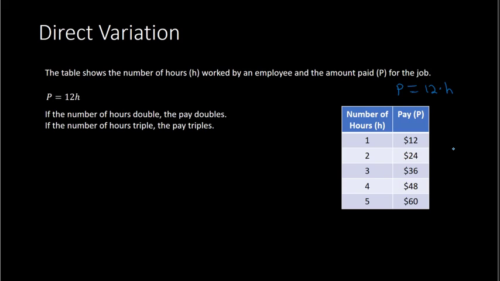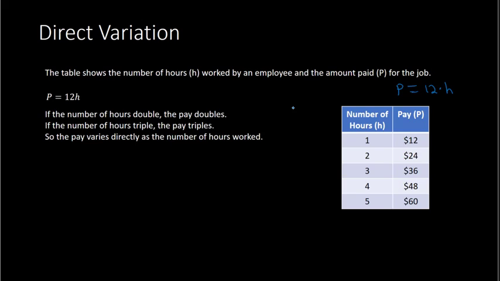If the hours triple, the pay triples, etc. So because of this, because as the hours increase, the pay increases, we say that the pay varies directly as the number of hours worked. Okay, the pay varies directly, or we can say the pay is directly proportional to the number of hours worked.